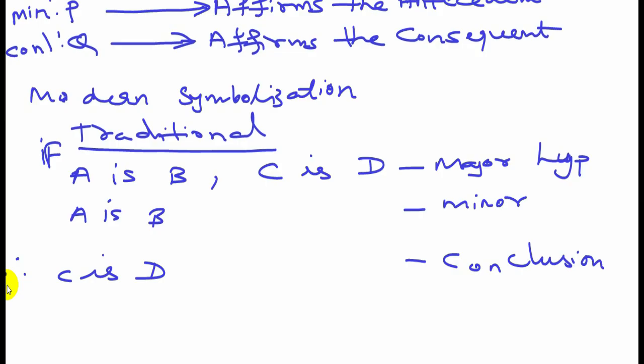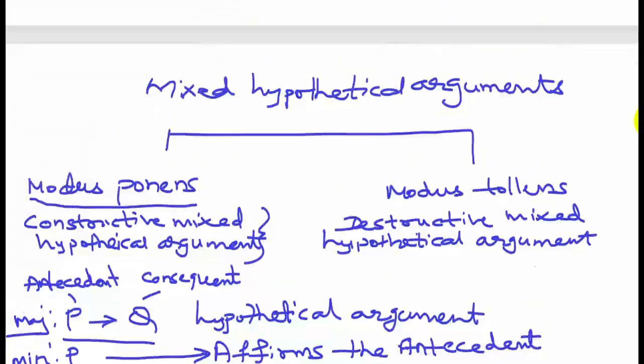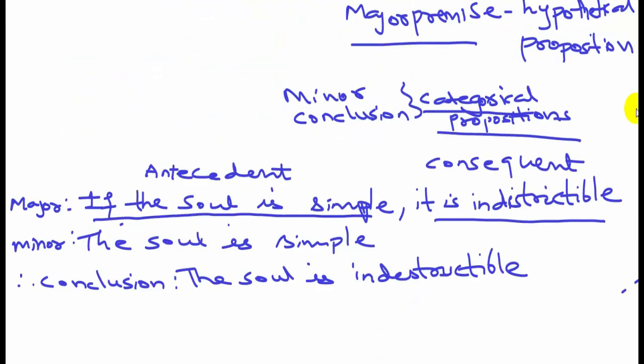In the minor premise, the antecedent, soul is simple, is affirmed, and in the conclusion, the soul is indestructible is affirmed.